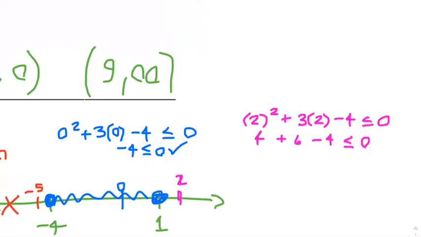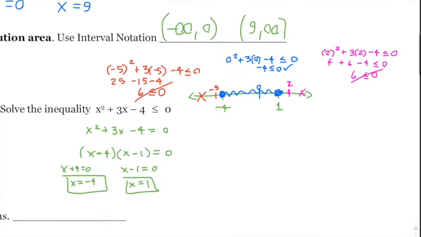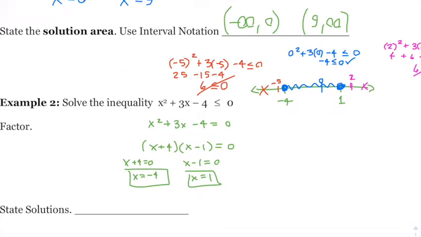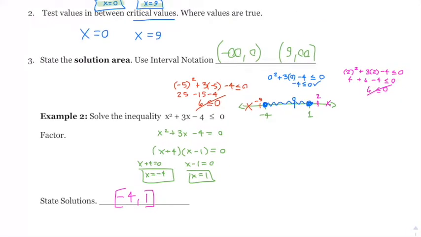And notice that you'll get 10 minus 4, so that'd be basically 6. Is 6 less than or equal to 0? That is definitely not true there, so you do not shade that last region. And then the way you write your solutions, it's going from -4 to +1. And then since there were closed dots there, we're going to put brackets. And that is it there on that section.